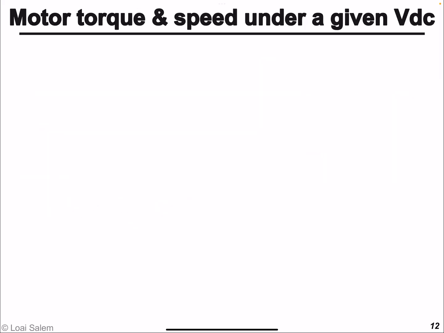Now, let's take a look at an interesting point about DC motors. Let's see the torque angular velocity relation, or essentially I want to plot it. I want to plot the relation between the electromagnetic torque produced by the motor and its angular velocity.